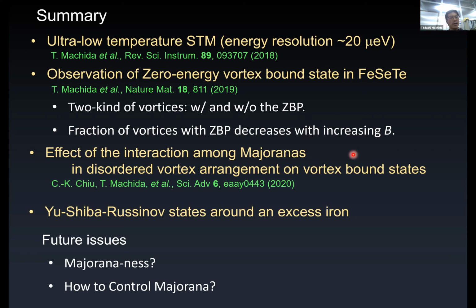However, as I say, the observed zero energy peak is just one of the necessary conditions, not the sufficient condition. So we need another smoking gun evidence to say the observed zero energy peak originates from the Majorana zero mode around the vortex core of the selenium doped iron telluride.